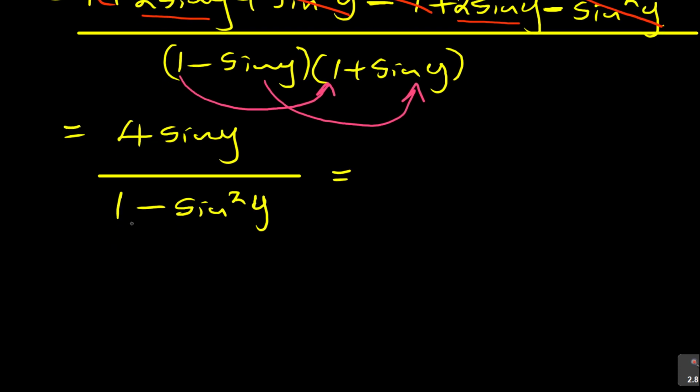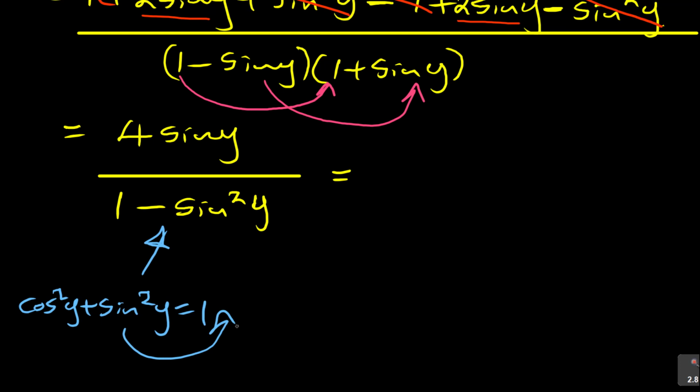And then if you continue that, it's important now for you to recognize a few things. Here, when you look at this bottom, you remember cos squared y plus sine squared y is equal to 1. Then if you take this to the other side, this is the same as cos squared y is equal to 1 minus sine squared y.